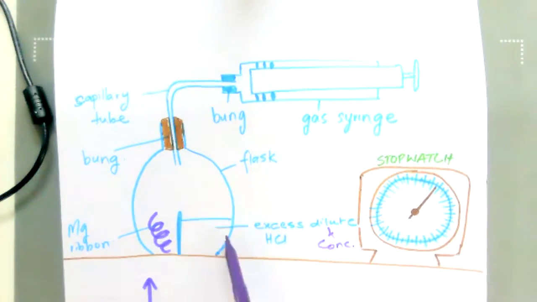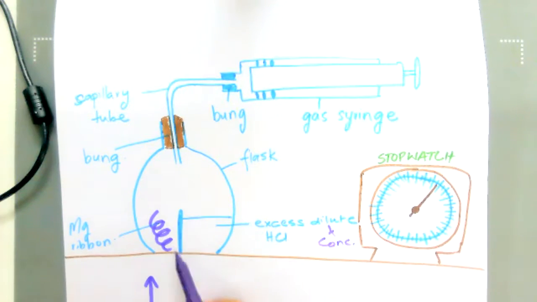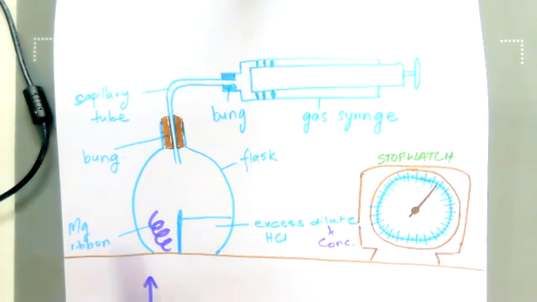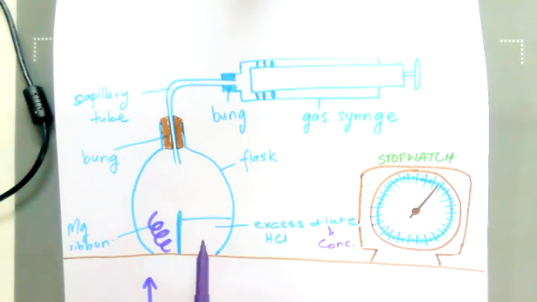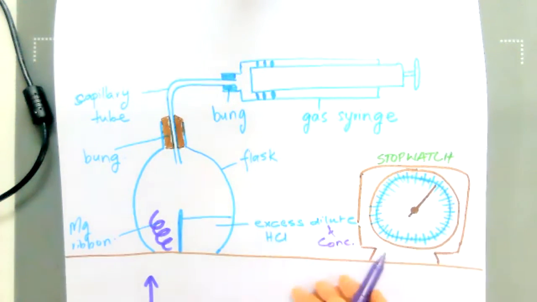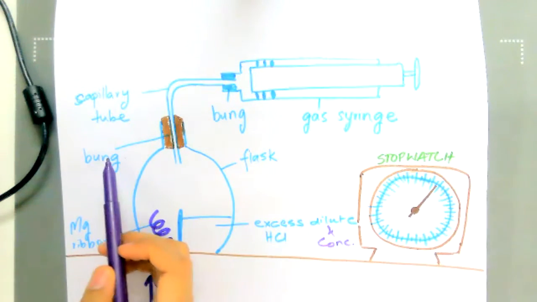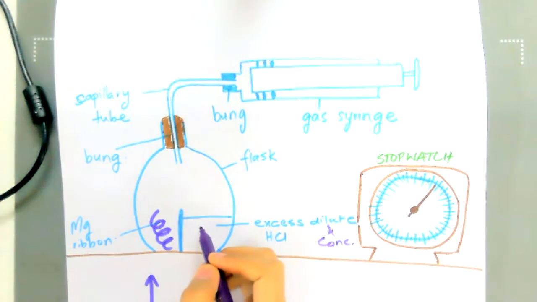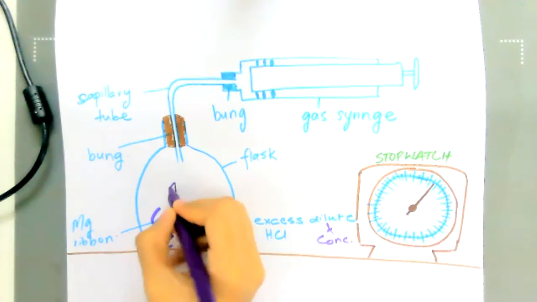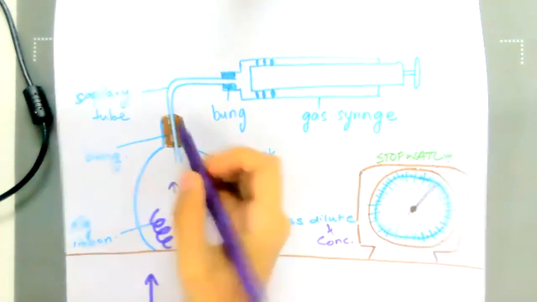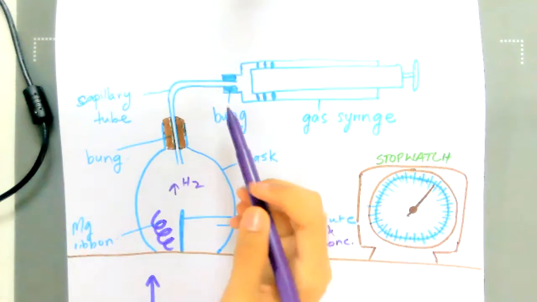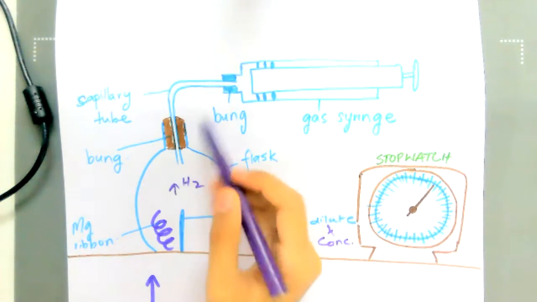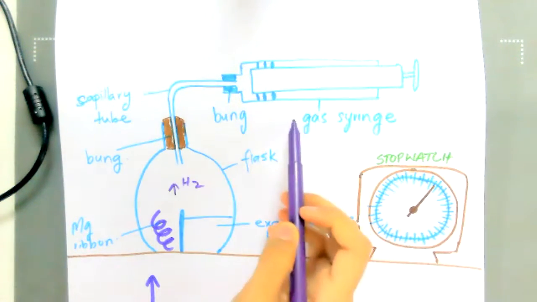We're going to use a flask which has a separation, with magnesium ribbon on one side and excess dilute hydrochloric acid on the other. So first I'm going to be using dilute, then a bung, and whenever a metal reacts with acid, hydrogen gas is produced, right? So I have a capillary tube attaching this gas being produced to the gas syringe.